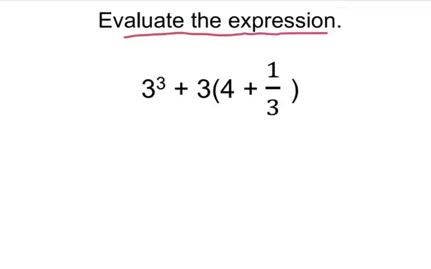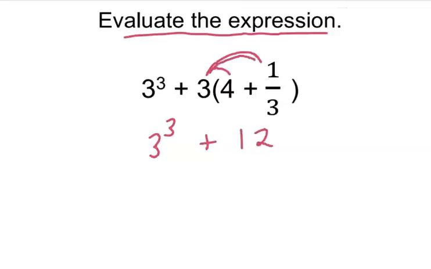What I'm going to do is distribute the 3 times the 4 and the 3 times 1/3 and rewrite this. So we have 3 to the 3rd power plus, because I know that has to come later since it's on the other side of a plus sign, 3 times 4 is 12.